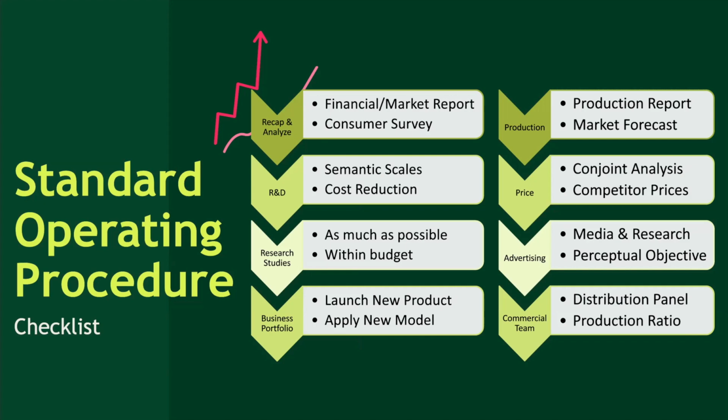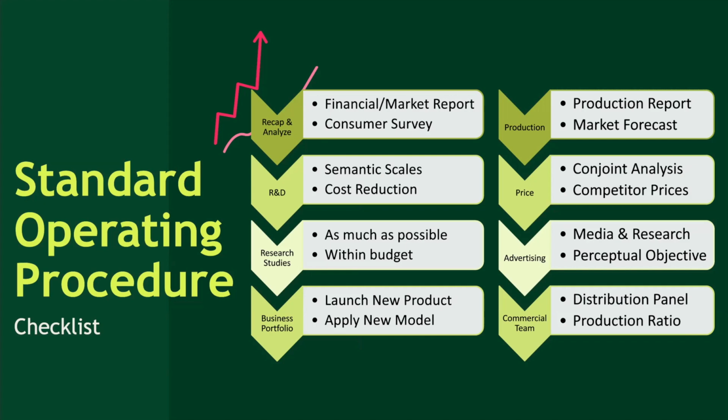We also have to set the price of each of our products by analyzing conjoint analysis and checking competitor prices. Also, we need to allocate our budget to advertising, which includes both media and research.